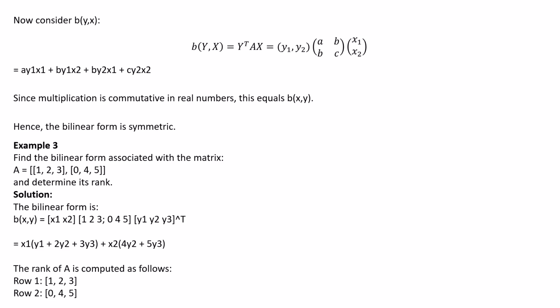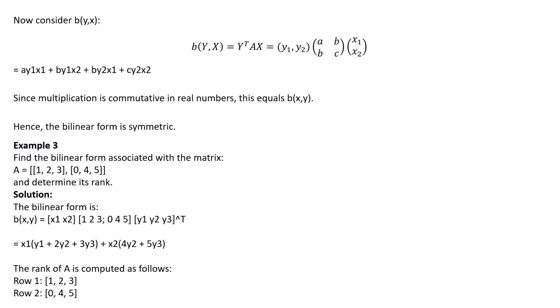Hence, the bilinear form is symmetric. We are able to establish that it is symmetric, because what you get from B of y, x is the same thing as B of x, y. So let's look at another example.